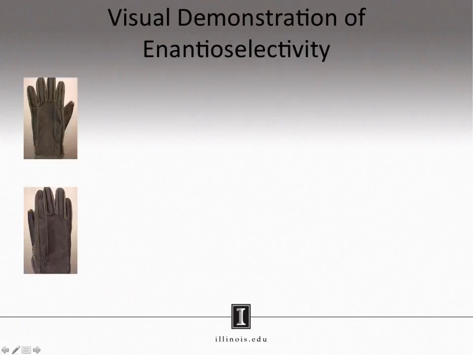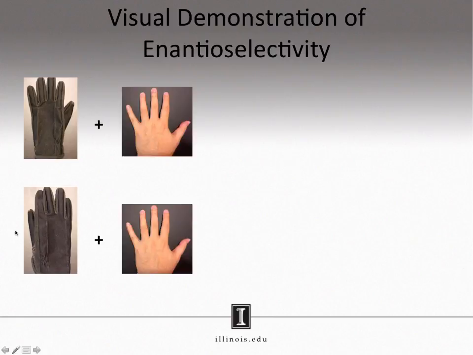On this slide, I am showing a pair of gloves. At the top, I have a left-handed glove, and at the bottom, I have a right-handed glove. Think of these gloves as the HBTM catalyst, where the left-handed glove is one enantiomer of the catalyst, and the right-handed glove is the other enantiomer of the catalyst. Now, let us take these gloves and try to fit a hand in them.